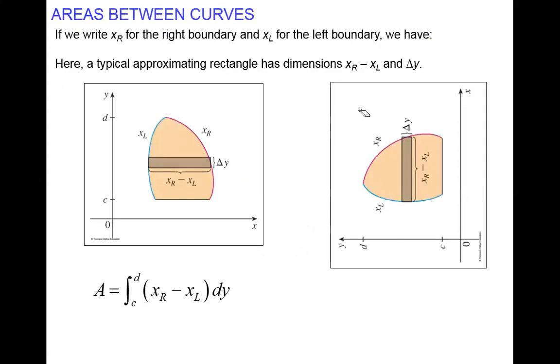The right curve is x in terms of y, minus the left one, let's say g of y. Everything must be in terms of y, which means we have to solve our equation for x to get the y expression.